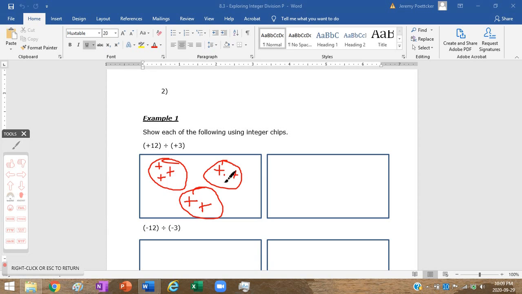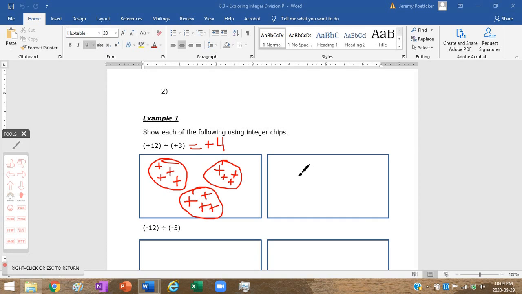And I keep going. Now I've got 9 divided into 3 groups, 10, 11, and 12. In this case, I'm saying, okay, I got 3 groups. 12 divided into 3 groups leaves me with positive 4 in each group.